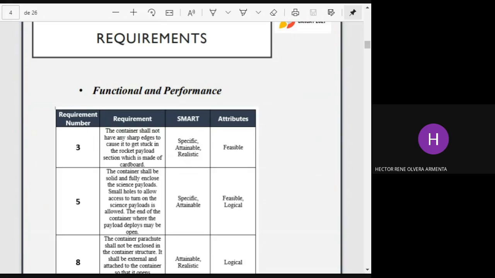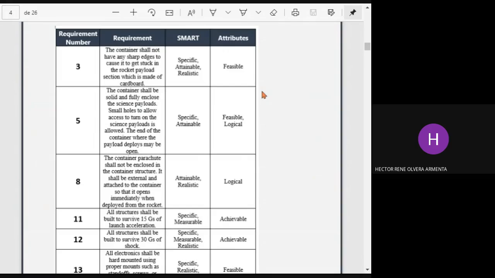So, by avoiding these sharp edges, we are avoiding malfunction when the rocket separates, as I said.